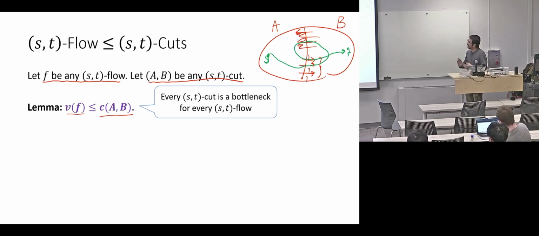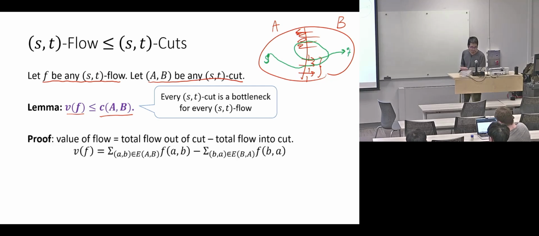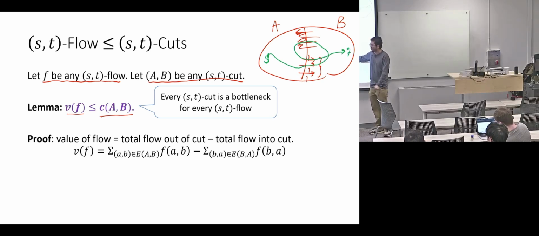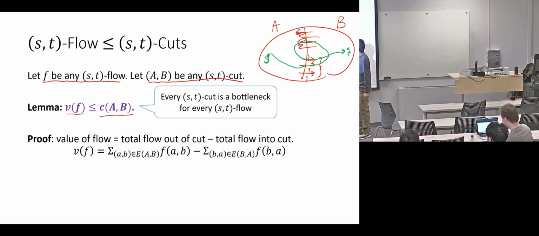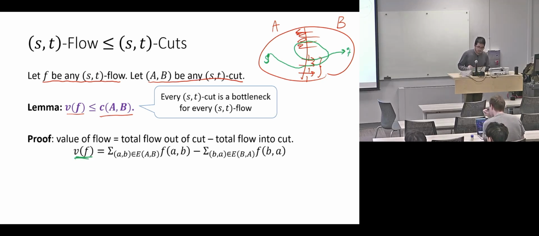But let's try to do this algebraically and prove it formally. One way to prove this, and we will need this equation later. I claim that the flow value that I send can be written like this too.